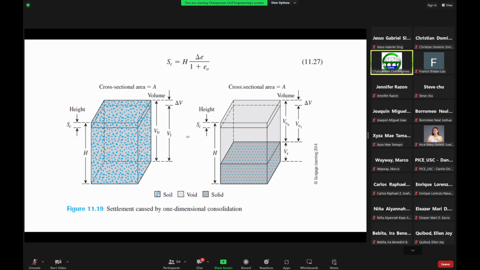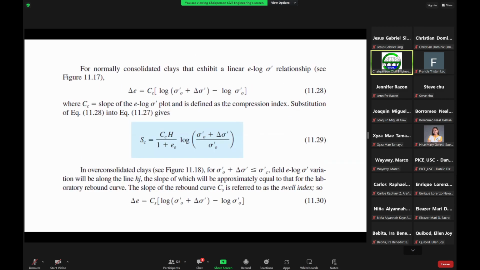So with that, let us now try to focus on this formula here. With that formula, for normally consolidated clays that exhibit a linear e-log P relationship, where is that?